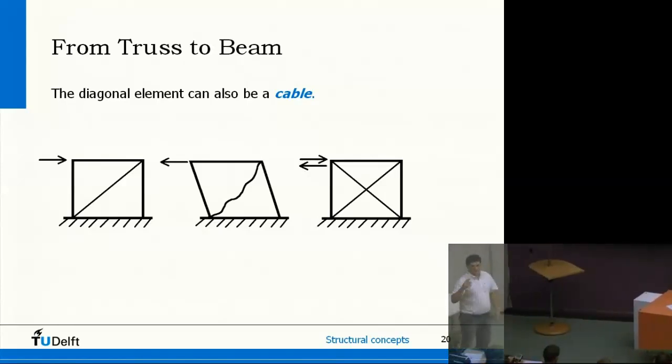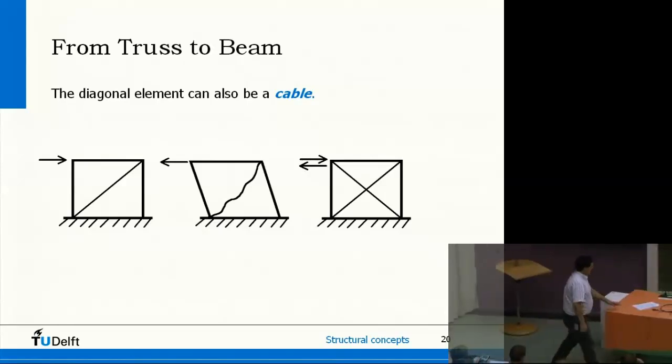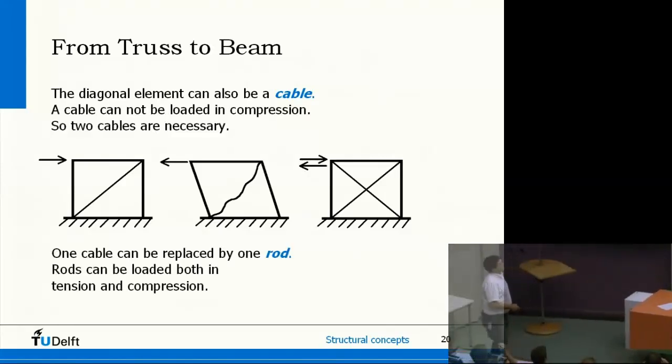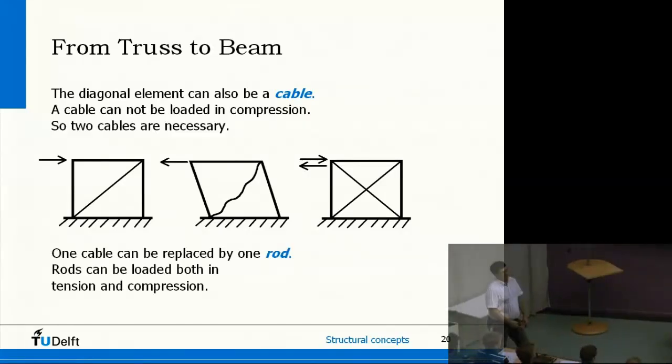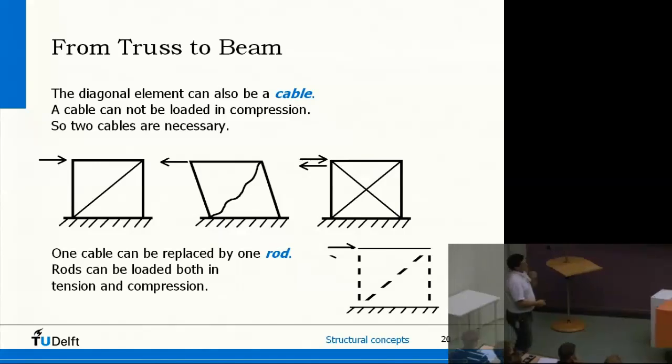Later on, when you have the slides, you can look onto it. So, 2 solutions. You can use cables, or you can use bars, you can use rods, and so on. These are equivalent. Both are sufficient.